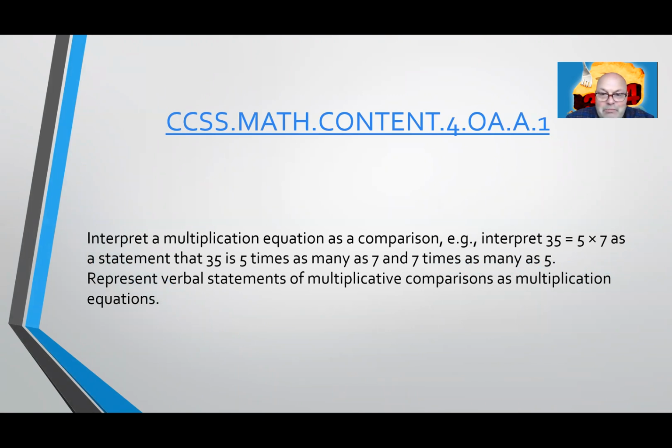Represent verbal statements of multiplicative comparisons as multiplication equations. Okay, so we're comparing, which means we have to have amounts. So you can't just say 5 times as many as 7 equals 35. That makes no sense to me, to you, or to students.